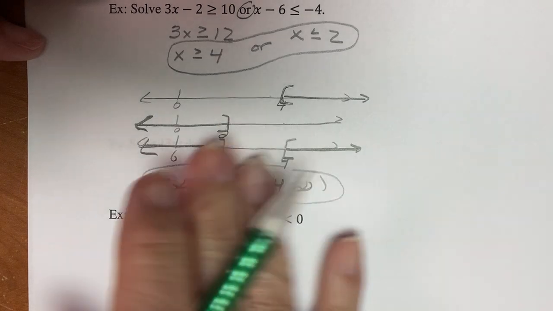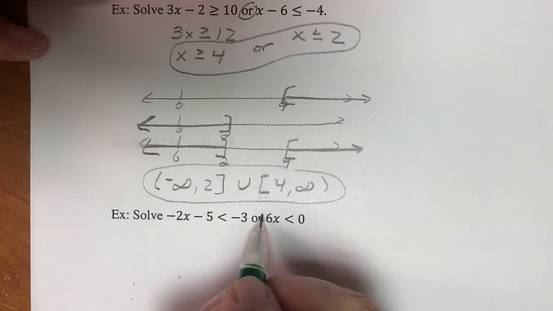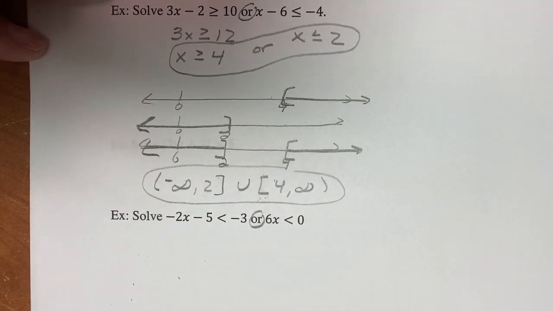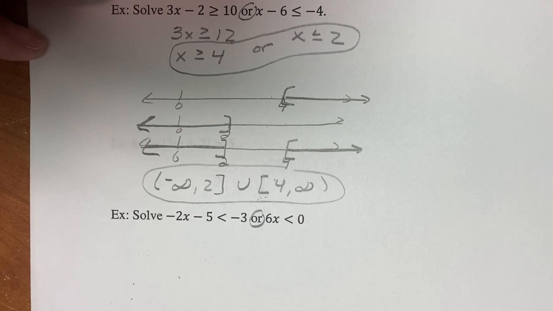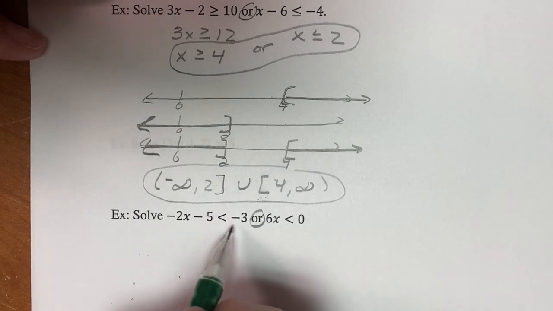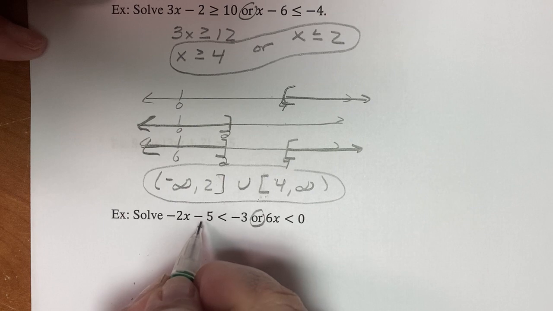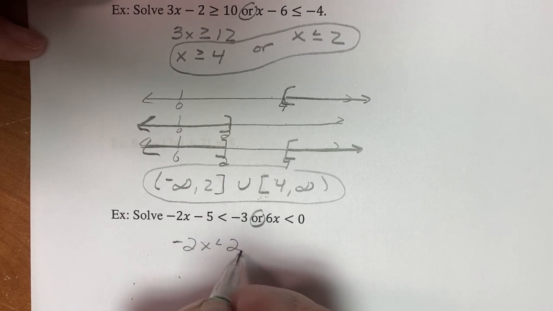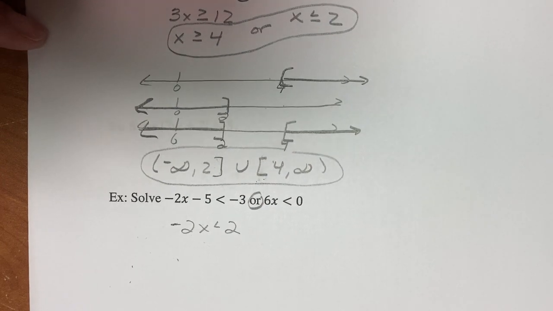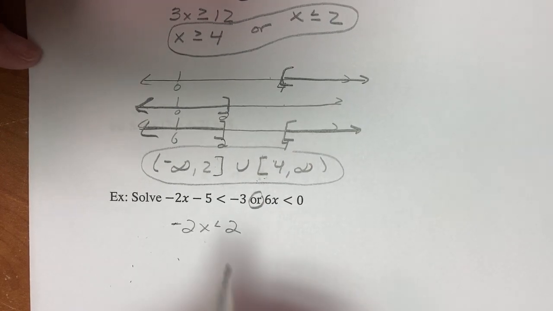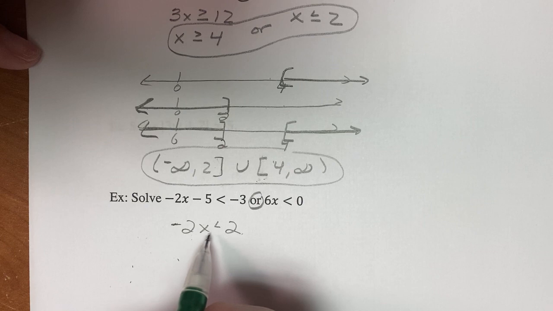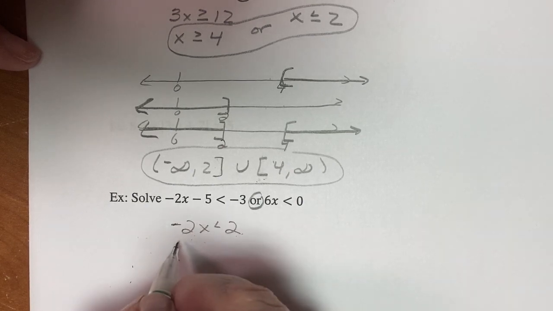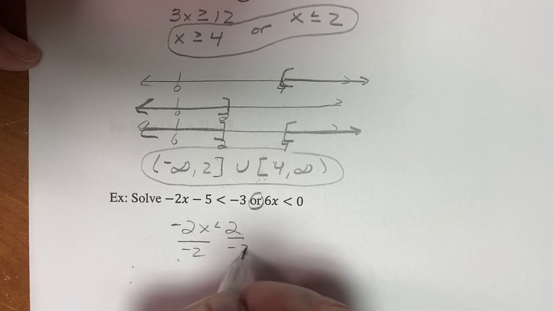Okay, our last example is again an OR. Now this is going to bring up something you may have forgotten. If I solve this inequality, I'd first add 5. Do you remember the fact that when you're dealing with inequalities, if you multiply or divide both sides of an inequality by a negative number, the sign changes direction?